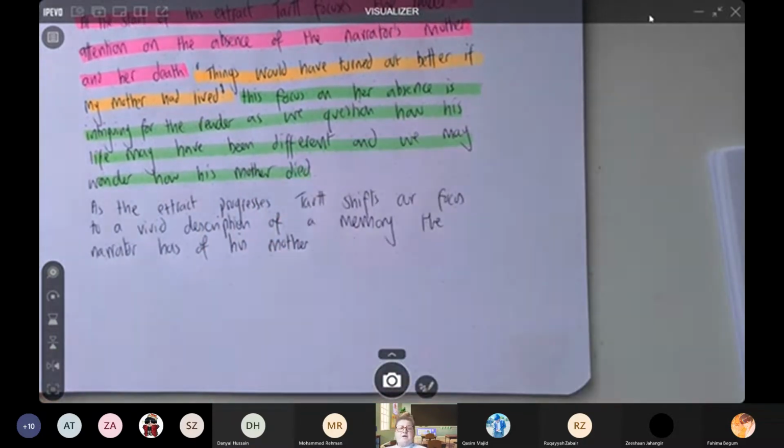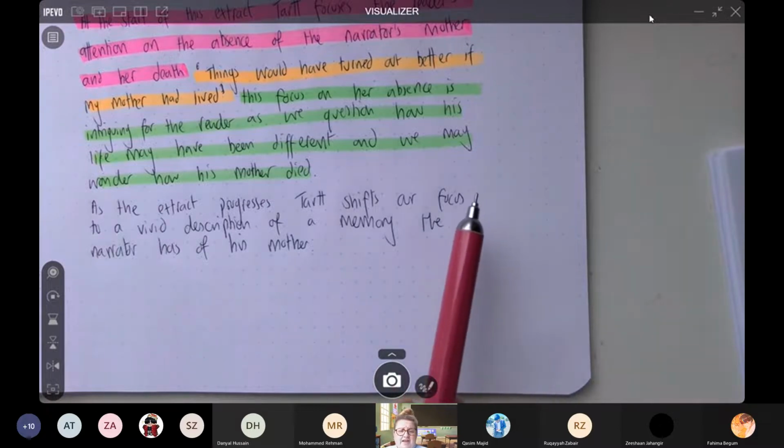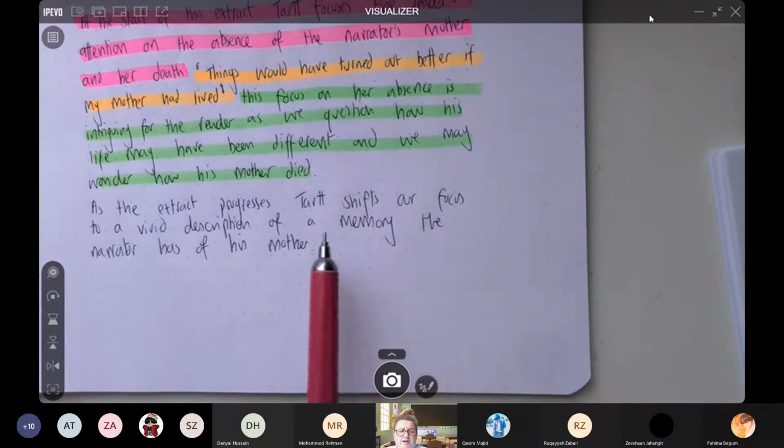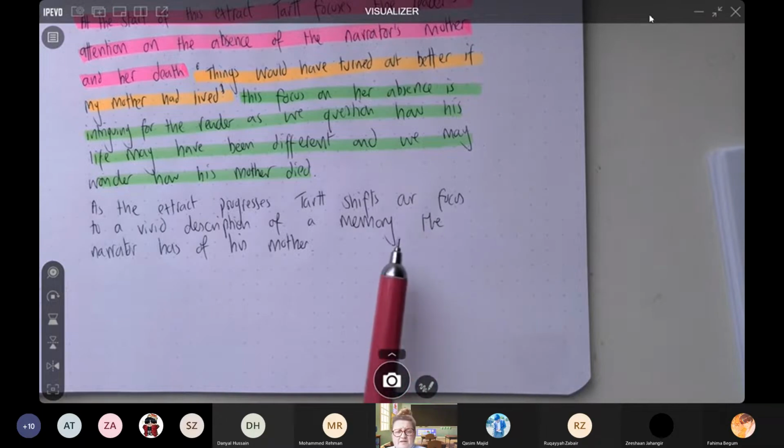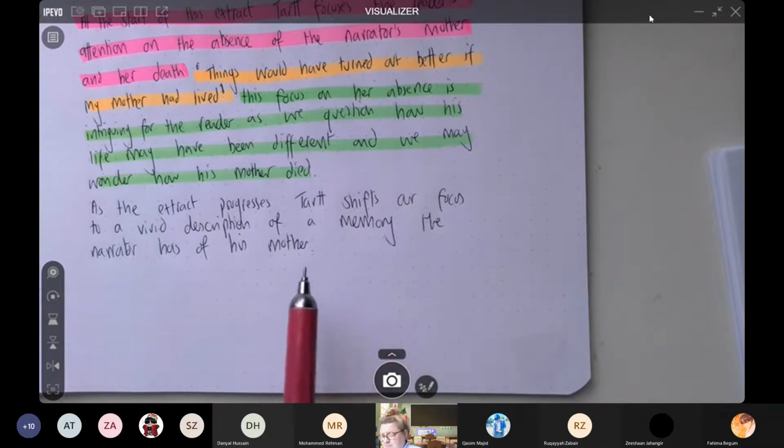Now, this is a much larger section of text. Therefore, we don't want to waste any time quoting. By just saying a description of the memory he has of his mother, that's enough of a reference to explain why that's important.